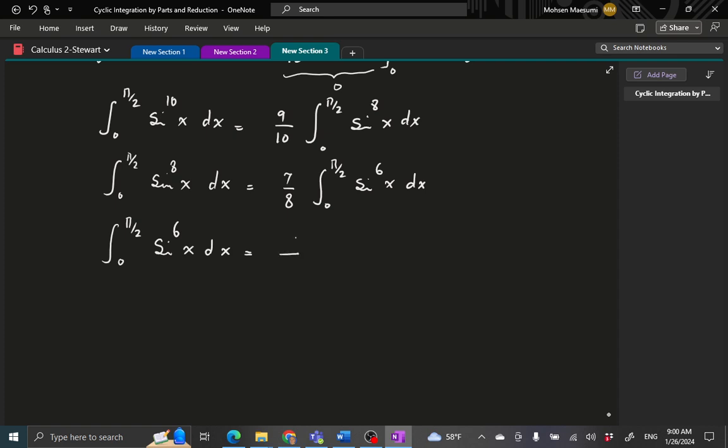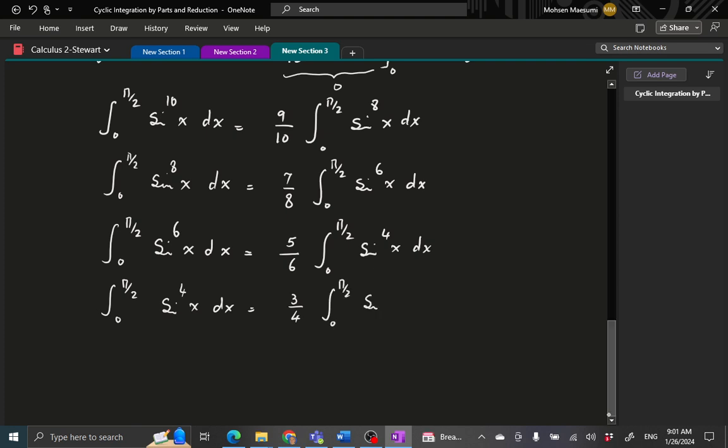So I'll have 5/6 of this to the power of 4 of x dx, and again sine to the power of 4 of x dx is going to be 3/4 of the integral from 0 to pi over 2 of sine square of x dx.